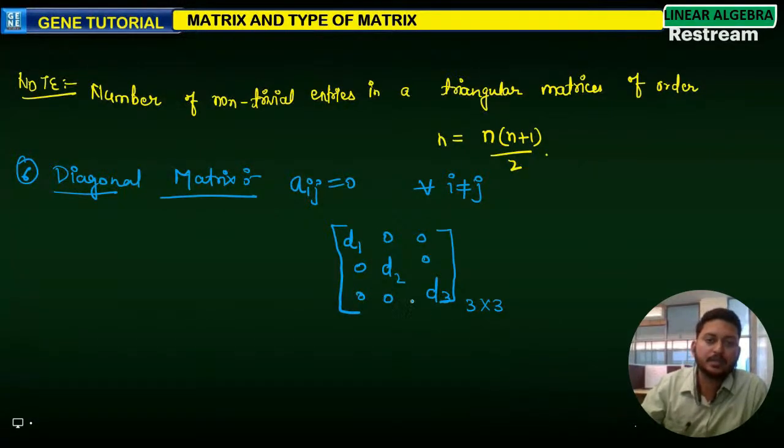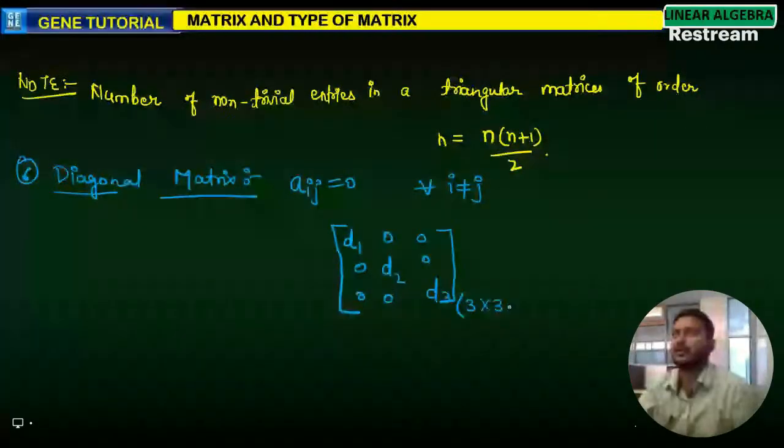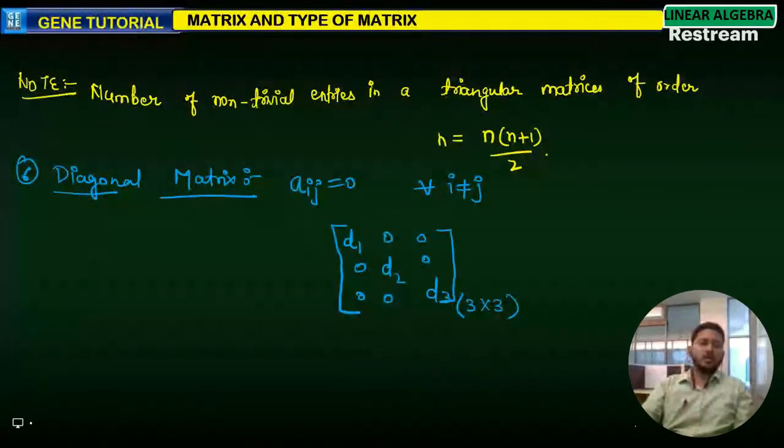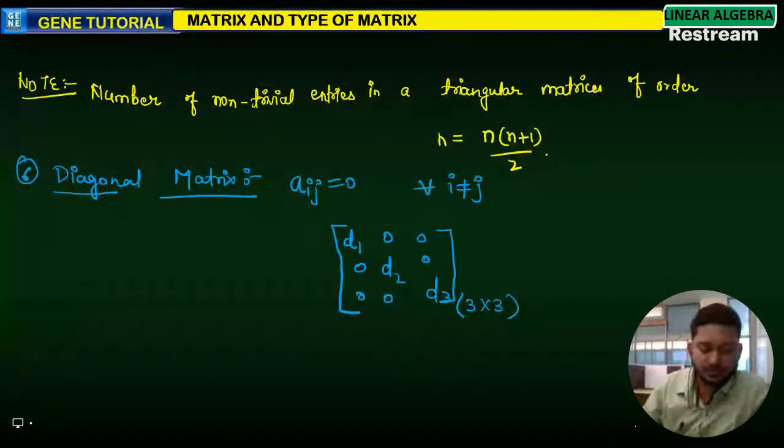So we say that it is a diagonal matrix. Their dimension is n cross n, and here it is 3 cross 3 dimension. The order of this is 3. So we say that it is a diagonal matrix. These are examples related to diagonal matrix.